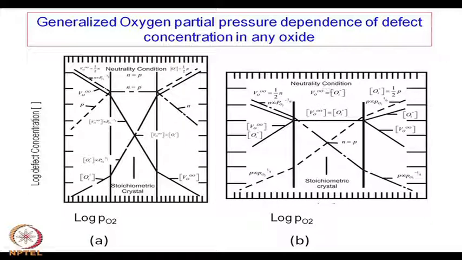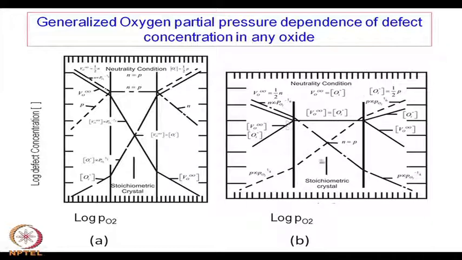So, the neutrality condition here is oxygen vacancy to oxygen interstitial. Here the neutrality condition is that the concentration of electrons is equal to the concentration of holes. So, this is an electronically conducting material, particularly in the stoichiometric crystal range, and here it will be an ionically conducting material.